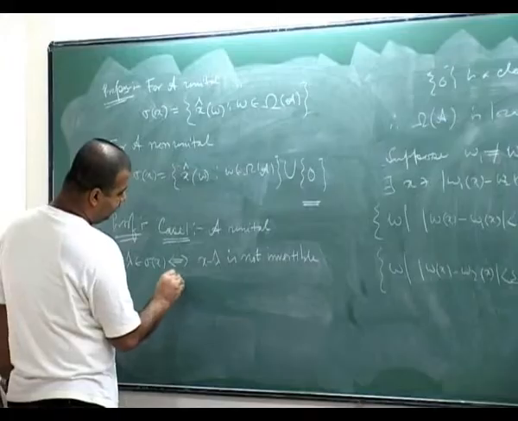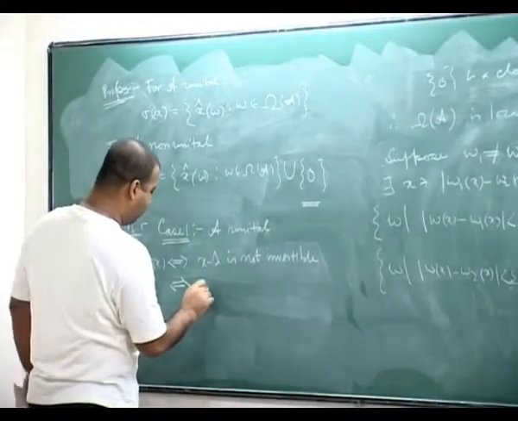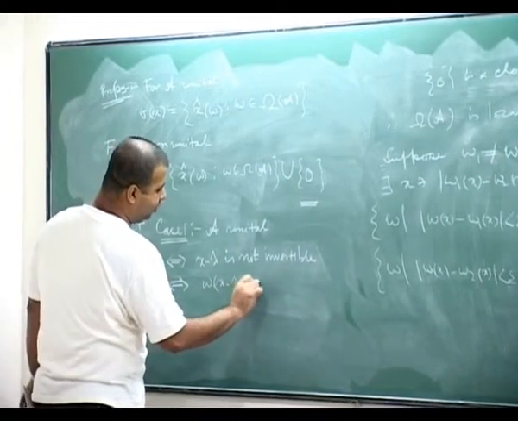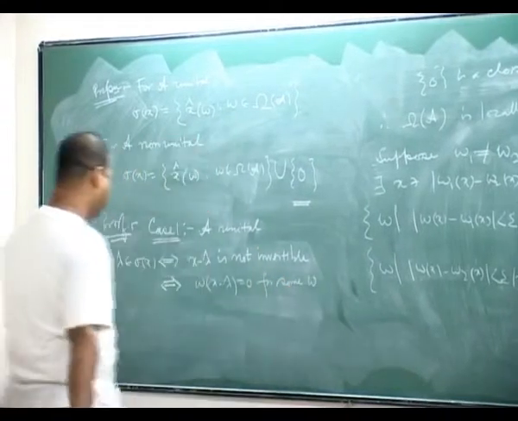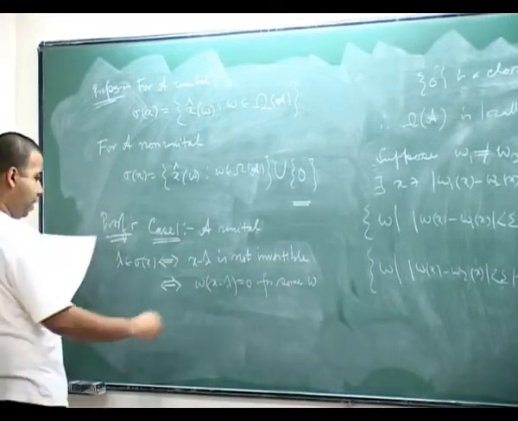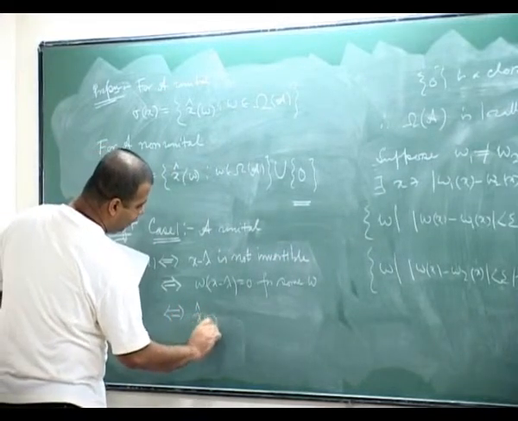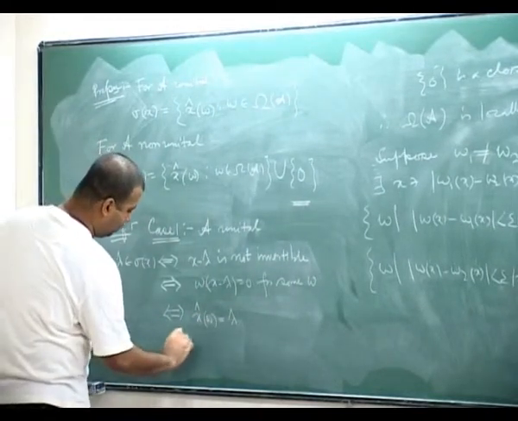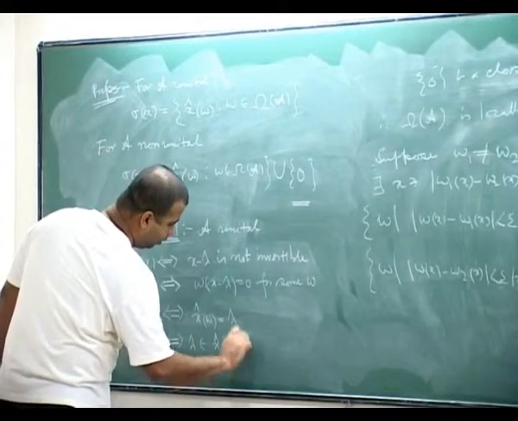That means it is inside the kernel of some homomorphism. So, that means that there exists some omega such that omega of x minus lambda is 0 for some omega, and that says x hat of omega equals lambda. So, that is like this.